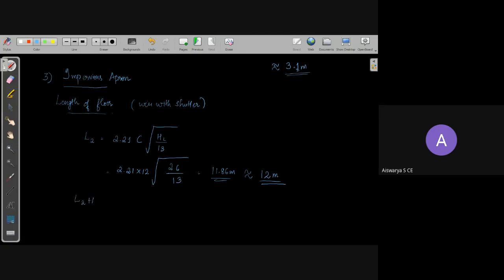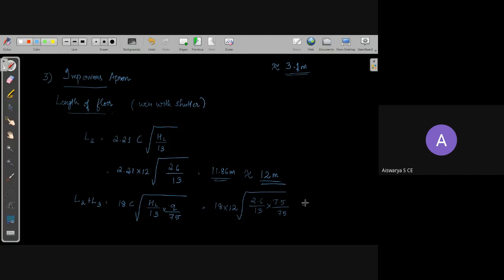Now the next equation is L2 plus L3. L2 plus L3 is 18C root of HL divided by 13 into Q by 75. Just substitute the values. 18 into C value is 12, root of HL is 2.6, divided by 13. Q is discharge per unit width, 7.5, divided by 75.